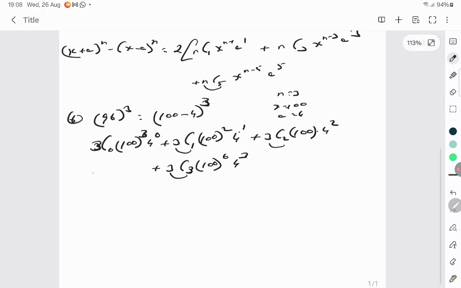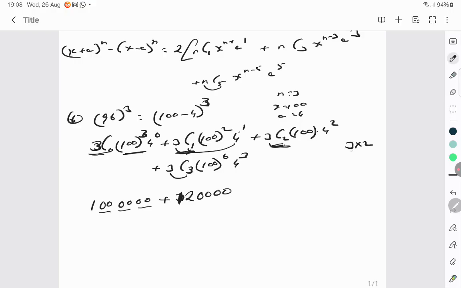So let's solve this. This is just 1, 3C0, and so 100^3 is 1 followed by double 0 three times, 1 0 0 0 0 0 0. 3C1 itself is 3, 4 threes are 12, and double 0 double 0. Okay, this 3C2 is 3 into 2 by 2, n into n minus 1 by 2, or you can use n factorial by r factorial n minus r factorial, or mug up n into n minus 1 by 2, so it's 3.